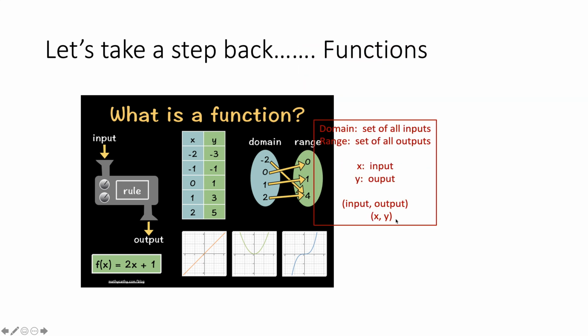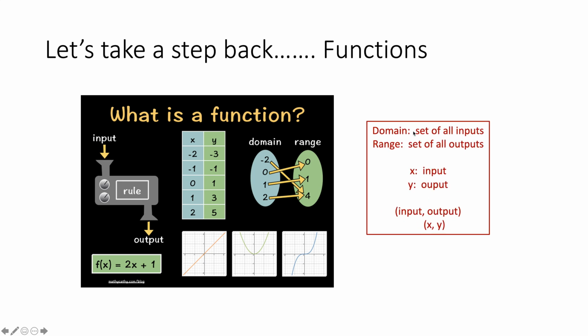Now, something else that's important to remember, or some terms it's important to remember, the domain is the set of all inputs. They are the x values because x represents input. The range is the set of all the outputs, and that's the y values. And you can see that here where it says domain and range and the diagrams of the blue egg shape and the green egg shape.